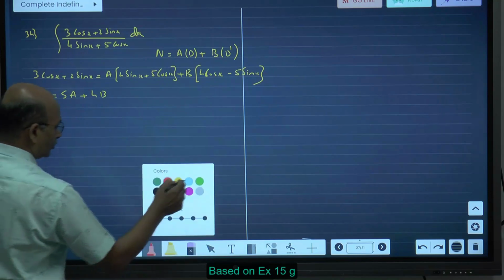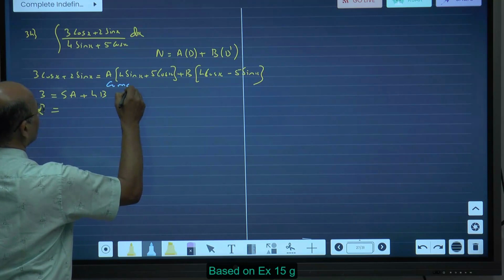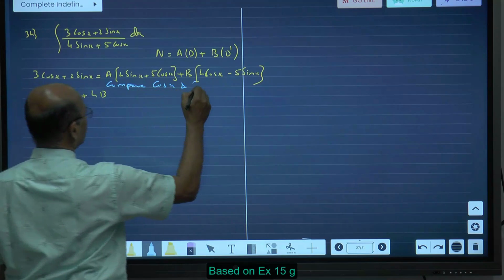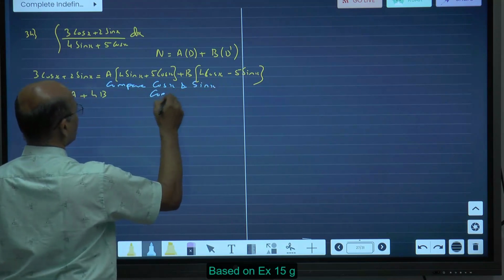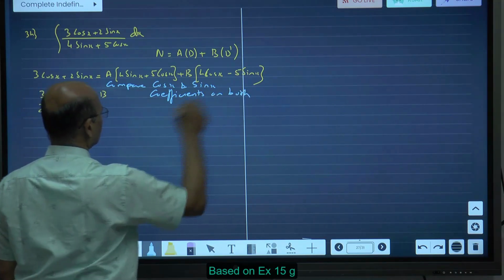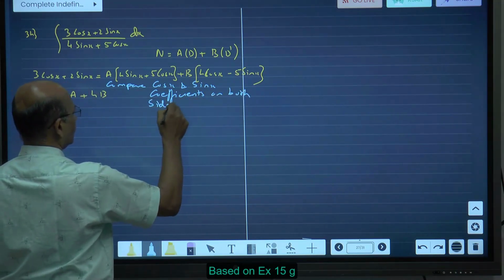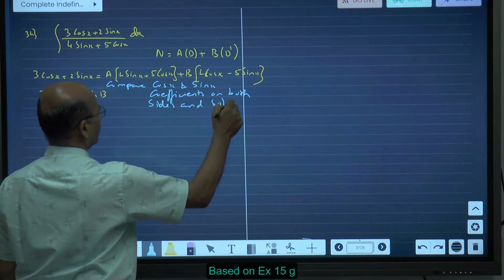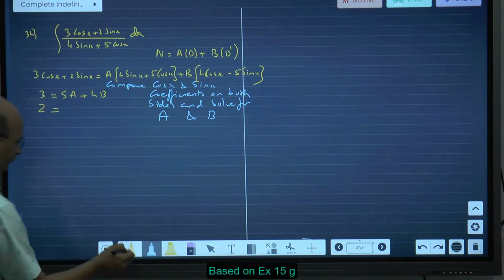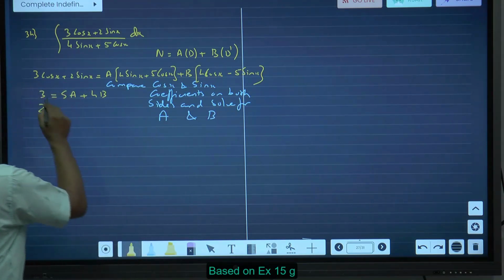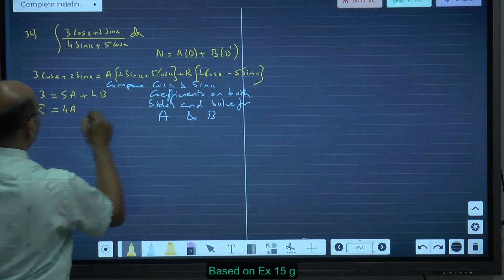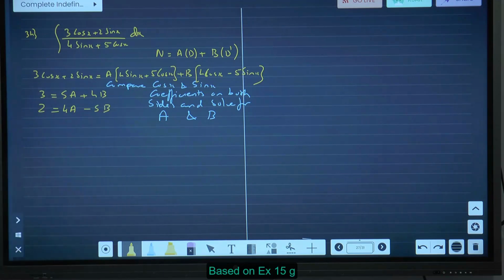So compare cos x and sin x coefficients on both sides and solve for a and b. So I am doing that now. For sin x, 2 equals 4a minus 5b.